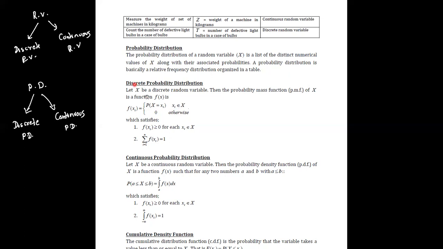If x is a discrete random variable, then it will have a discrete probability distribution. And when discussing probability distributions, I told you that we can represent the probability distribution in the form of an equation, in the sense of a function.